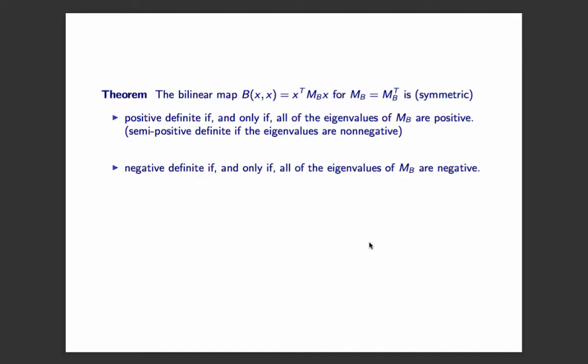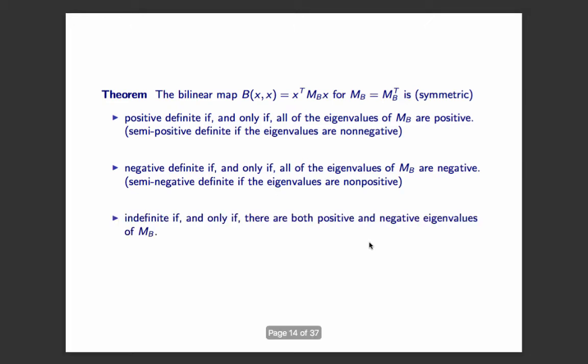The symmetric matrix is negative definite if and only if all of the eigenvalues are negative, and semi-negative definite if the eigenvalues are non-positive. And my matrix is indefinite, which is to say none of the above, if and only if there are both positive and negative eigenvalues of my symmetric matrix. Now, of course, I should mention that a symmetric matrix is guaranteed to have real eigenvalues, so we don't have to worry about dealing with complex eigenvalues in this situation.